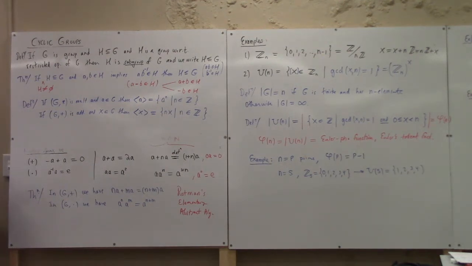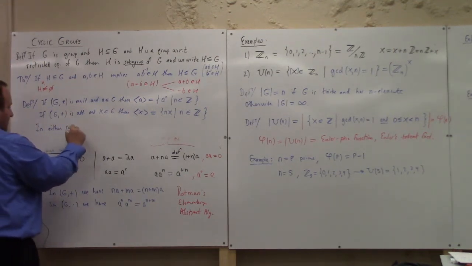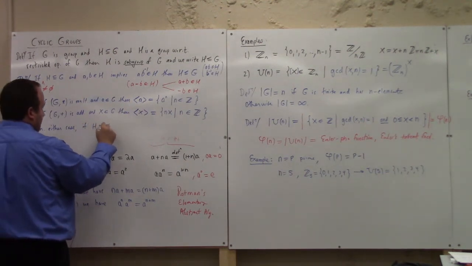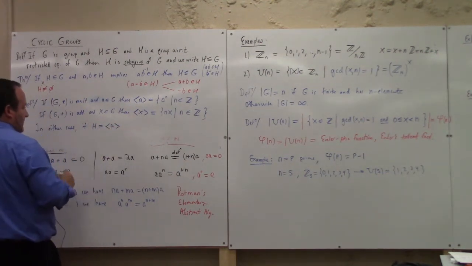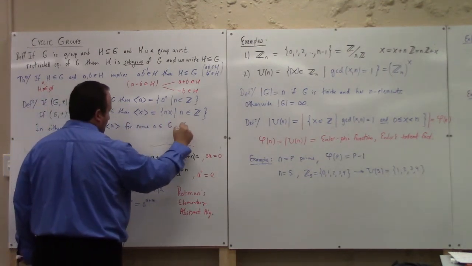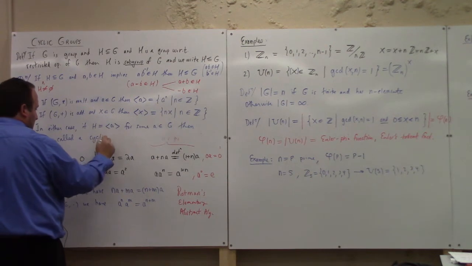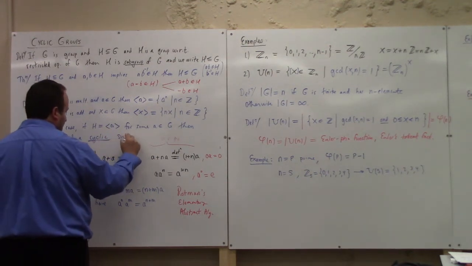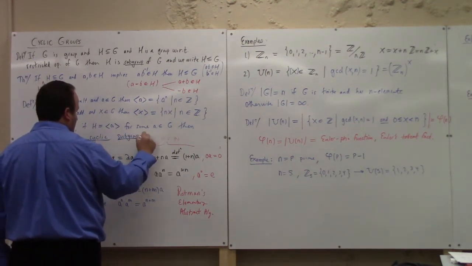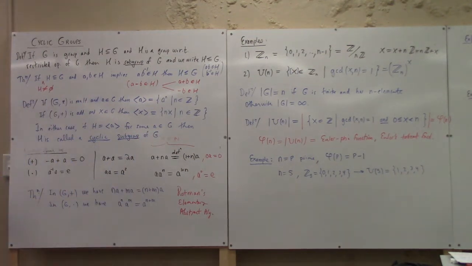In either case, if H is equal to the set generated by A for some A, then H is called a cyclic subgroup of G. Now, I guess that's kind of bad mathematics, right?